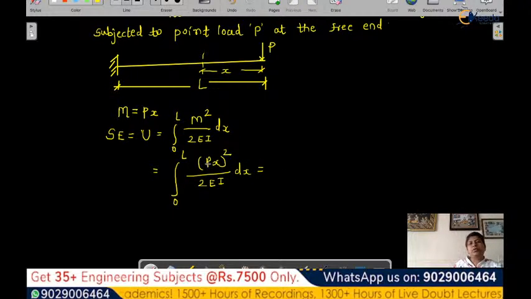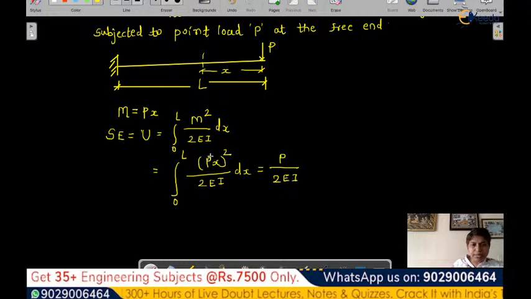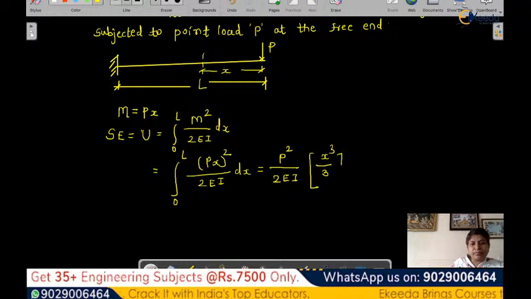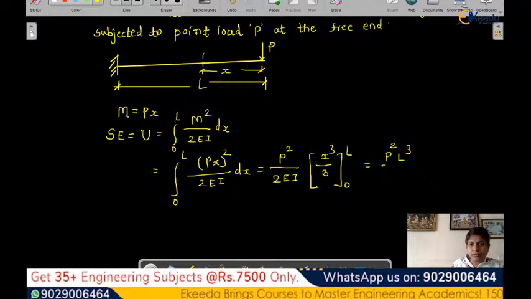Just take the constant values outside: P square by 2EI, and x square, when we integrate it, becomes x cube by 3, with limits 0 to L. Then we get P square L cube by 6EI.